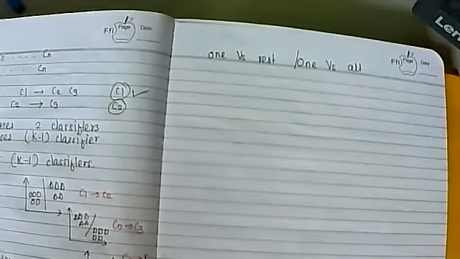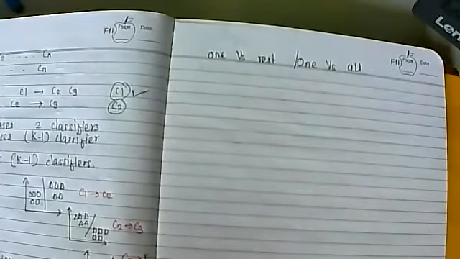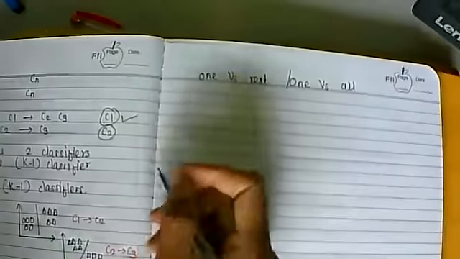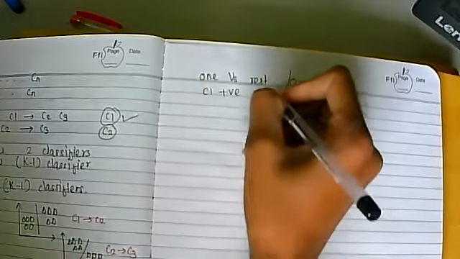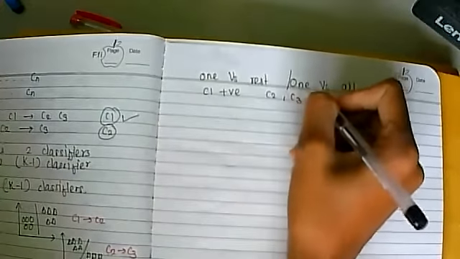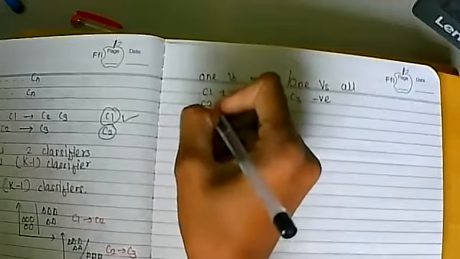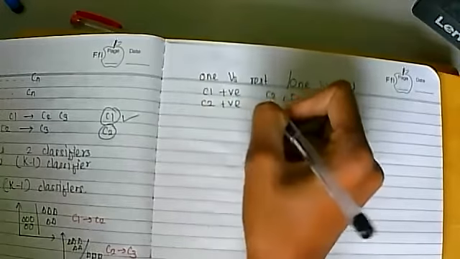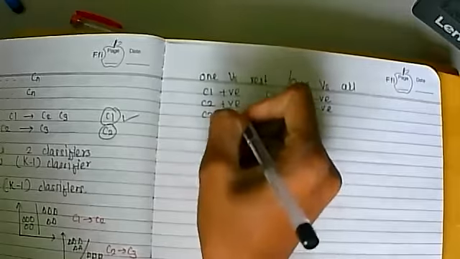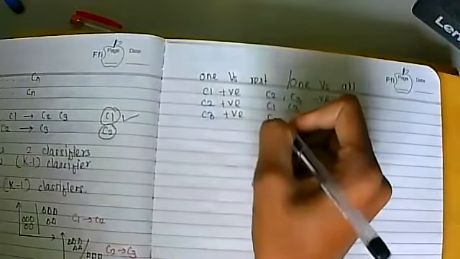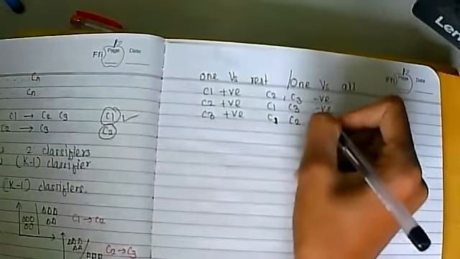Now to separate out one class from every other class, C1 is positive, C2 and C3 are negative. When C2 is positive, C1 and C3 are negative. C3 is positive, C1 and C2 are negative.